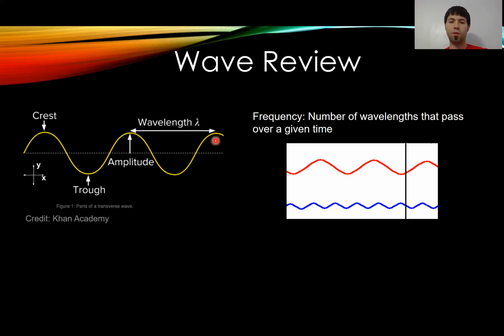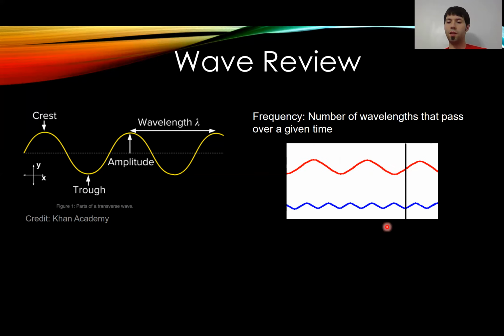The last thing we talked about was frequency. Frequency is the number of wavelengths that pass over a given time. In this little animation, you can see that the red wave has a longer, larger wavelength, which means it has a smaller frequency because there are fewer wavelengths passing over a given amount of time.